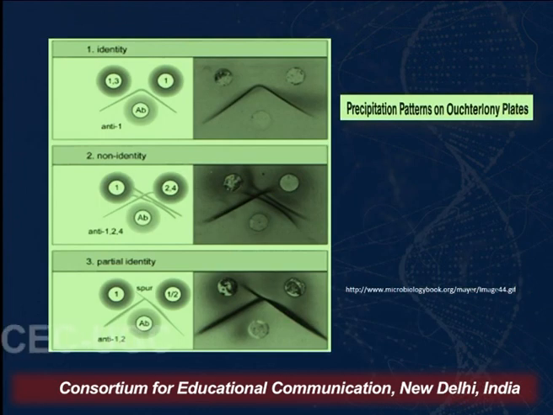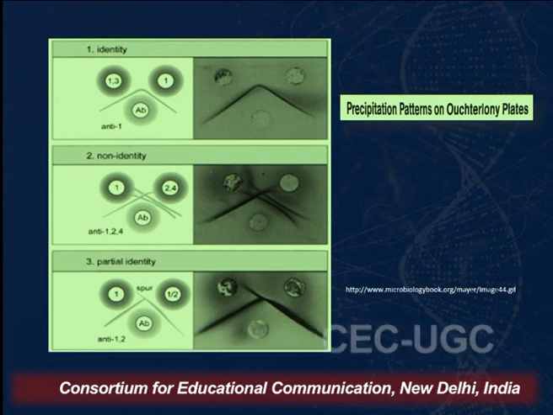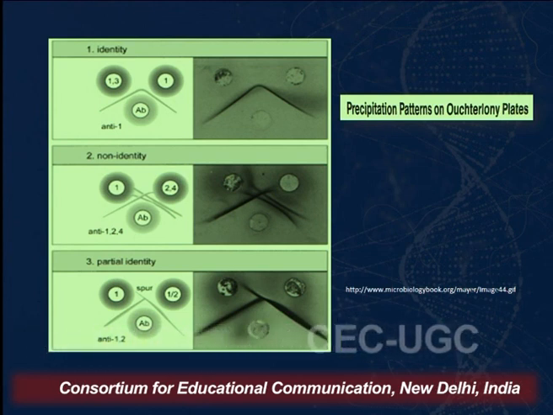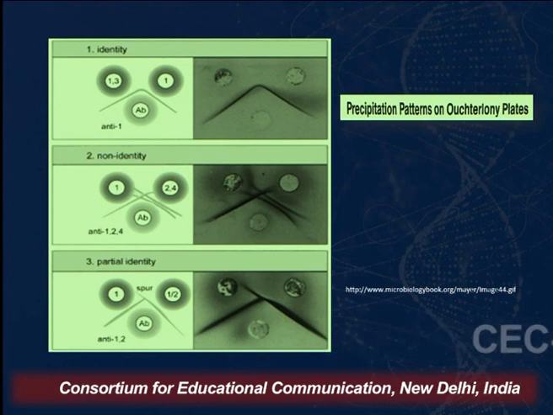There are various precipitin patterns formed in the Ochterlony method. If the antibody is specific for that particular antigen, an identical precipitin line is formed. If there is partial identity, a partial spur is formed, because the antibody is only partially specific to the epitopes present in the central well.